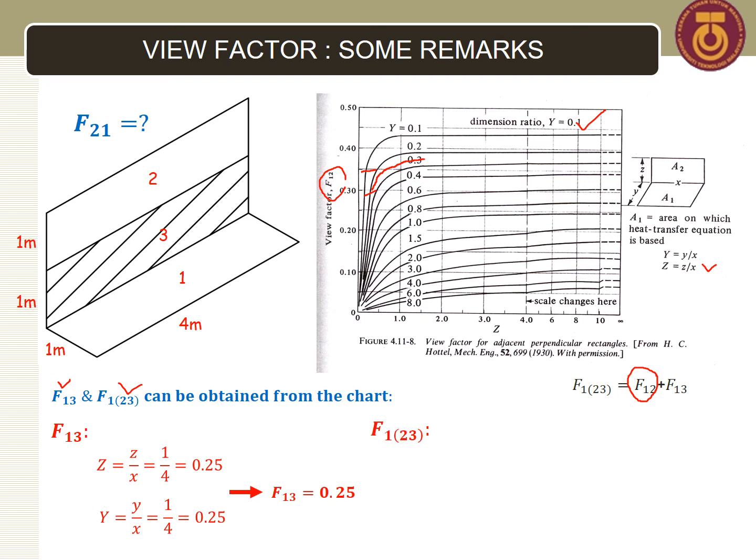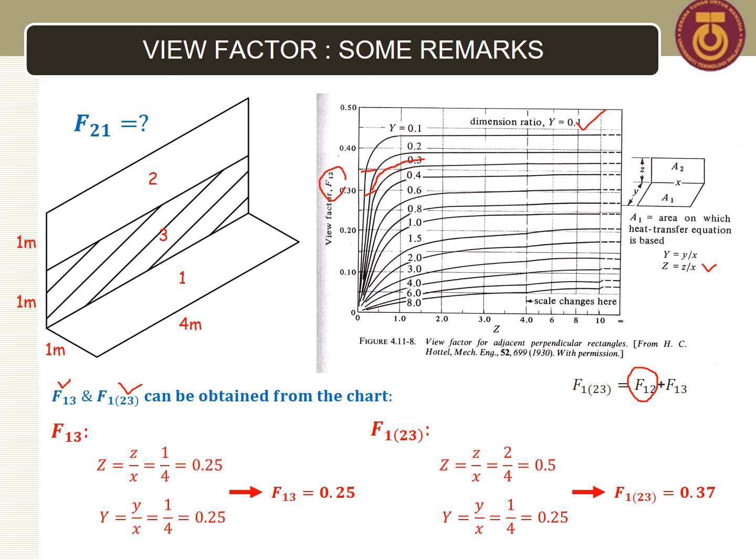And what about F123? For F123, Z over X equals 2 over 4, that's 0.5, and Y equals 1 over 4, 0.25. Based on the graph, you will get F123 equals 0.37.